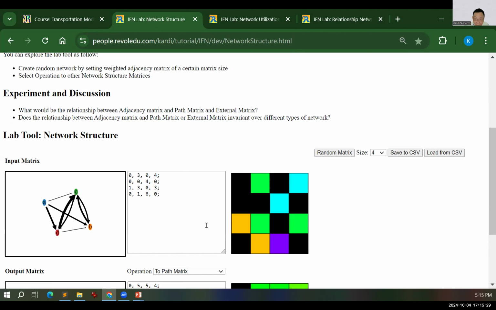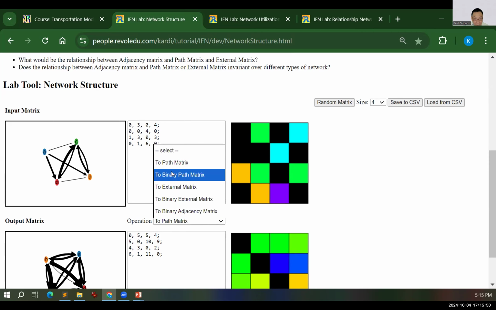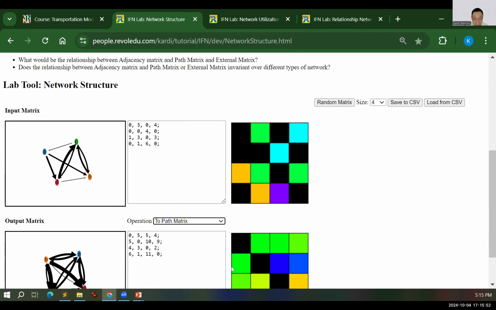Now this is your input matrix. This is basically the weighted adjacency matrix. Once you have the input, you want to know what the path matrix of this is. So you can go to path matrix. For example, this is the path matrix.